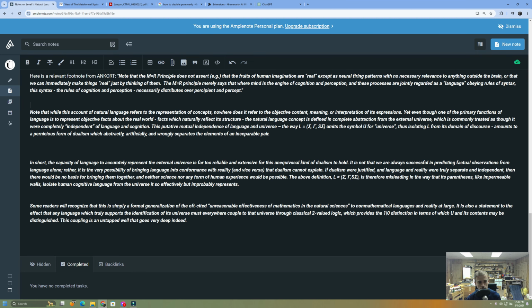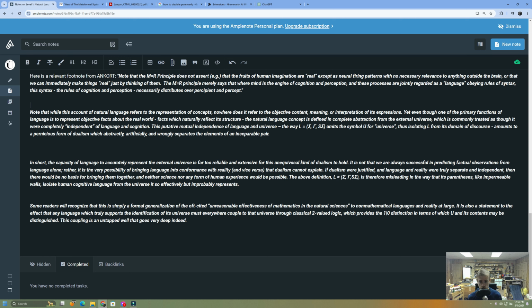So, moving on: in short, the capacity of language to accurately represent the external universe is far too reliable and extensive for this unequivocal kind of dualism to hold. It is not that we are always successful in predicting factual observations from language alone. Rather, it is the very possibility of bringing language into conformance with reality and vice versa that dualism cannot explain.